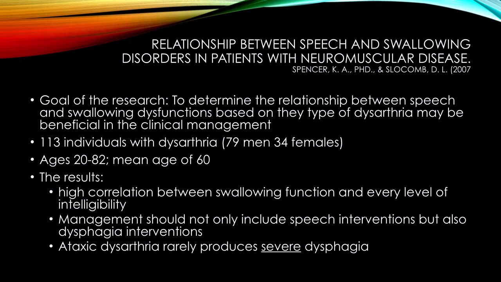The age range was about 60 years old. The results demonstrated a high correlation between swallowing function in every level of intelligibility, regardless of the primary etiology. This shows the management of dysarthria should not only include speech interventions, but should also have dysphagia interventions. However, these results showed that when dealing with ataxic dysarthria patients, it rarely produces severe dysphagia.